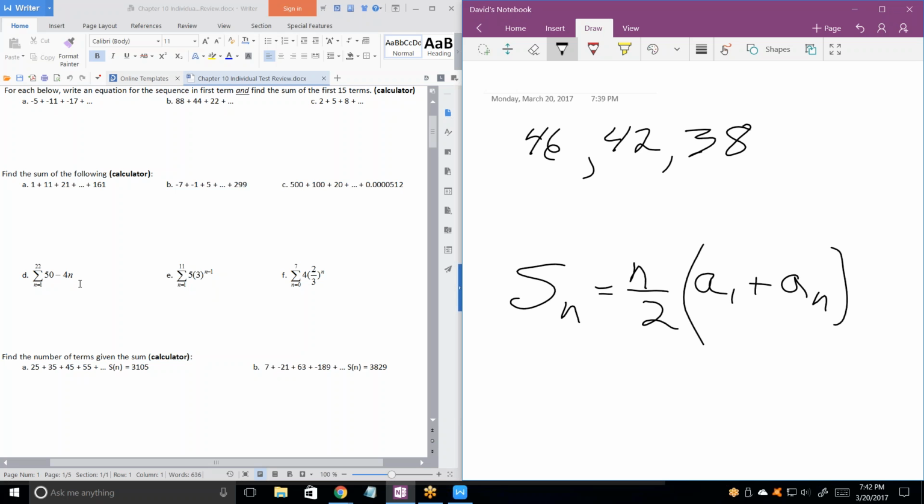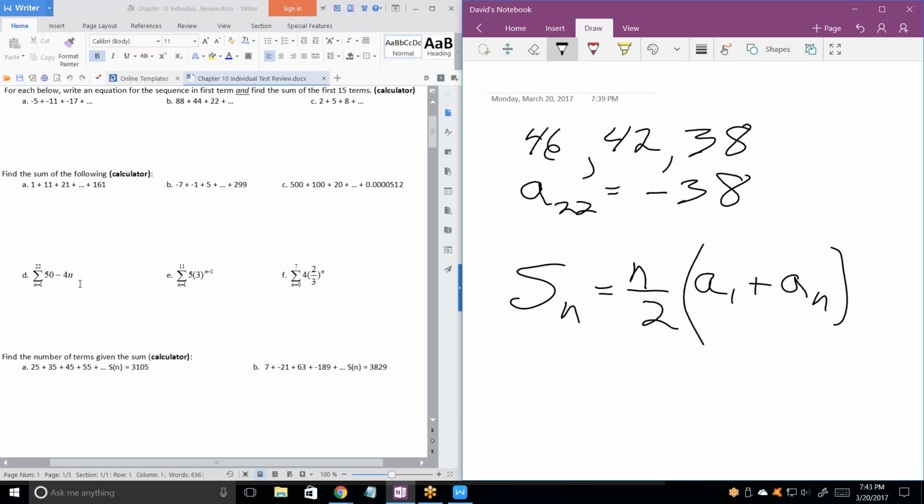All right, how many terms are in this series for D? 22. Okay, so we're going to need A sub 22. What's that going to be equal to? Let's do the math here, just because we need it to go to the next step. Negative 38.